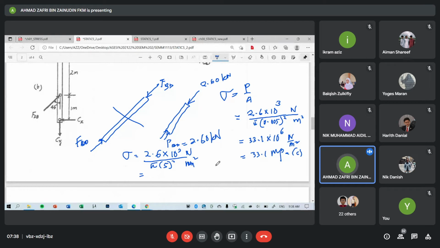You have to use your calculator, and you must use it very fast. If you take time using the calculator, you lose. I'm afraid you cannot solve it within 30 minutes during the test. So you need to know how to use the calculator.